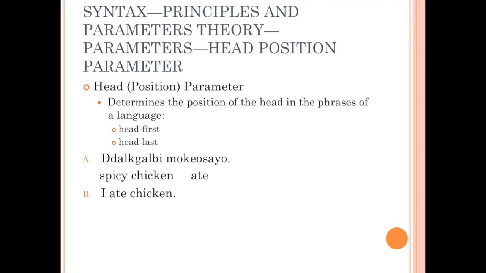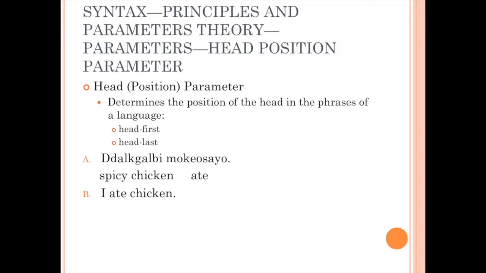In a sentence, 닭갈비 먹었어요, the verb is 먹었어요. 닭갈비, a spicy chicken dish, is the noun. And literally it means, have you eaten 닭갈비? Or have you eaten spicy chicken?